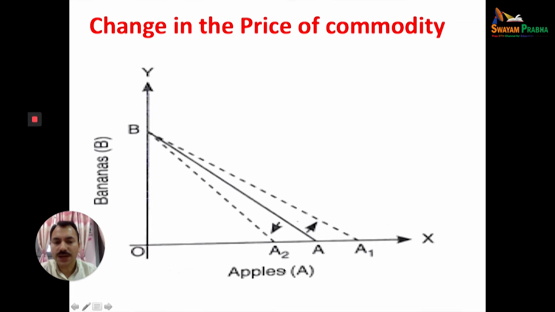So when the price reduces, the consumer will purchase more units of X, that is A to A1. This right-hand shift of this curve is due to the reduction in the price of apple.